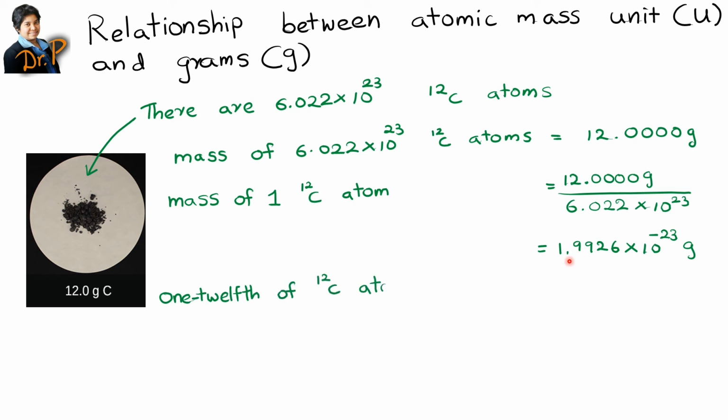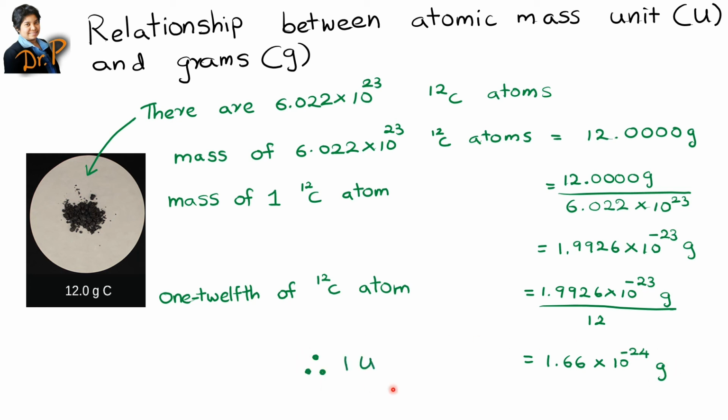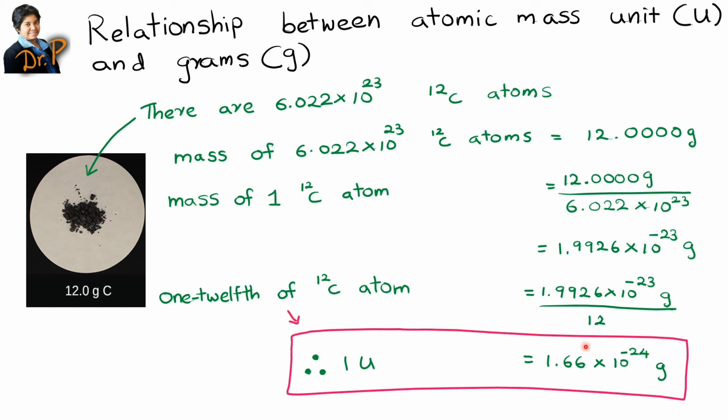So simply divide this number by 12 in order to find 1/12 of the carbon atom, which is this number. So basically this is our one atomic mass unit, or 1 U. Now you can see one atomic mass unit is a very small gram value.